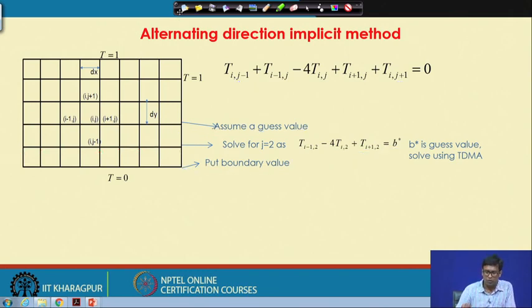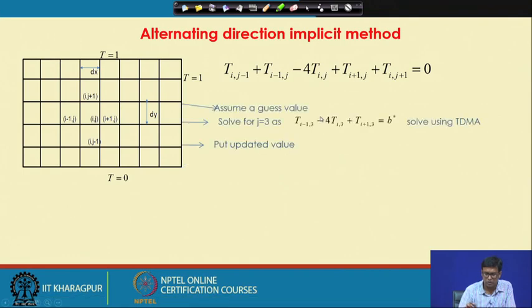Once this is done, I have updated values for all these points. Instead of the guess, I will use this value here, assume a guess value for the next set of points, and solve with TDMA at j is equal to 3.